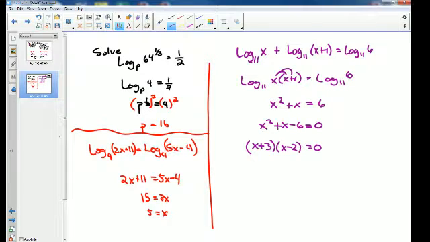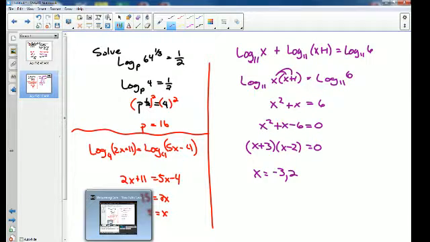What are our x values that make these 0? Negative 3 and 2. And negative 3 doesn't work. Why not? Because it doesn't. Oh, wait, no. Because Damon said so, that's why. Yeah. Good answer. I know. Never mind.